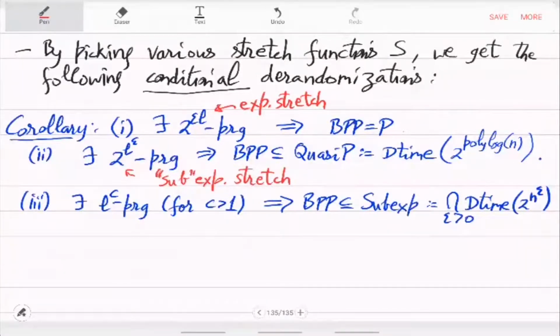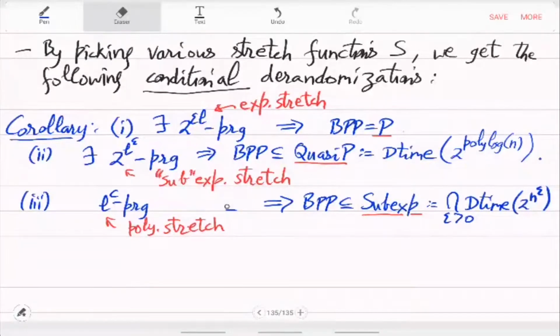Okay, so you go to P or you go to quasi P or you go to sub exp. This is polynomial stretch. One important thing I forgot is I have to add here for every C. For every C, if you have an L to the C PRG, only then.